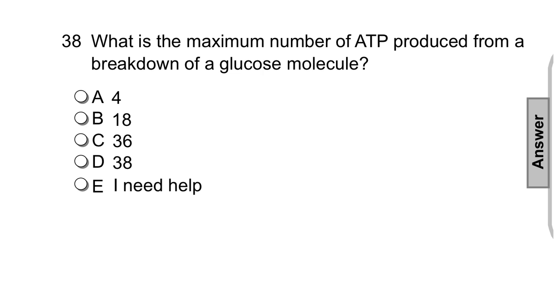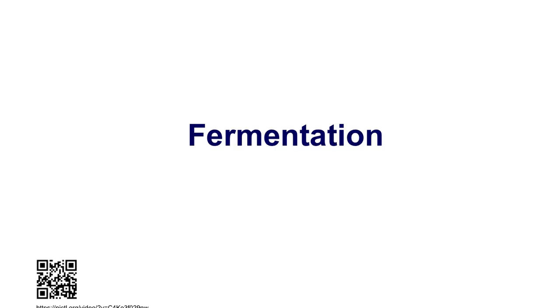Okay, I went to pains to show you exactly why 38 were formed, the maximum 38 ATPs from one glucose molecule. Now, fermentation is called anaerobic respiration. You don't have an electron transport chain. You don't use the inner membrane with the ETC of the mitochondria.